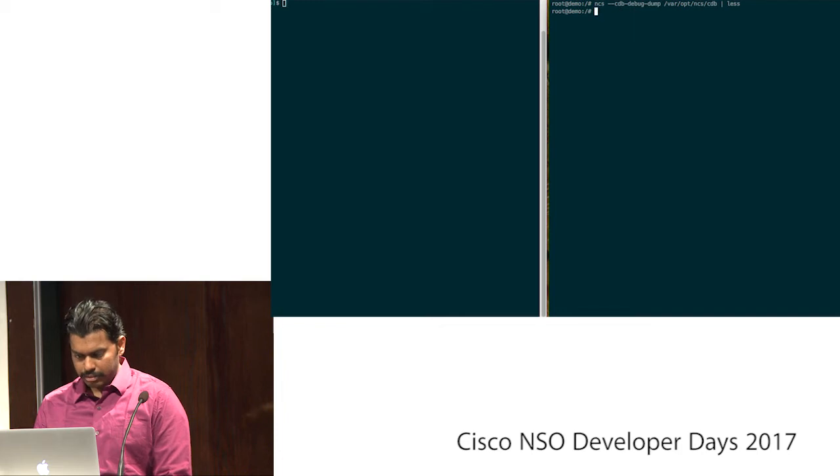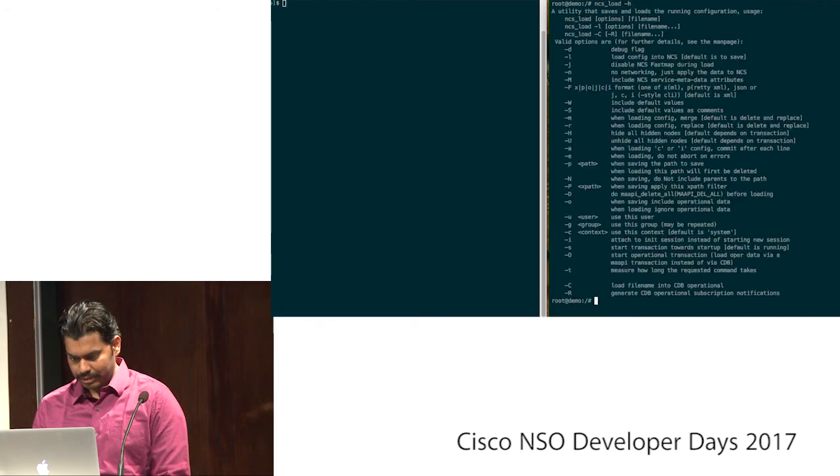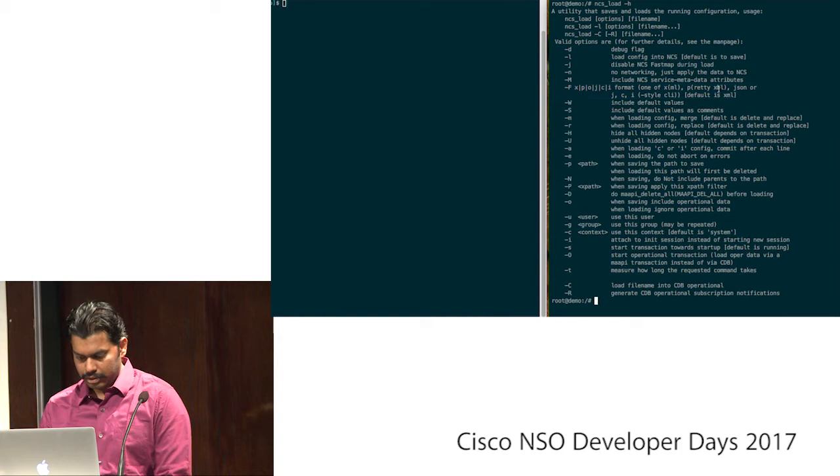You can see more about these things in the man pages. I don't know why that didn't work, but this works. So these are the options, and the -F flag specifies what format you want the config in.